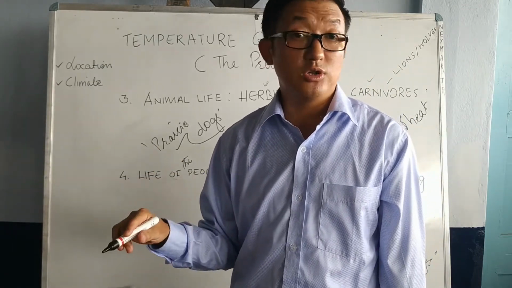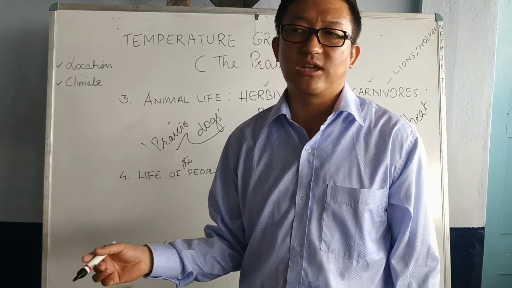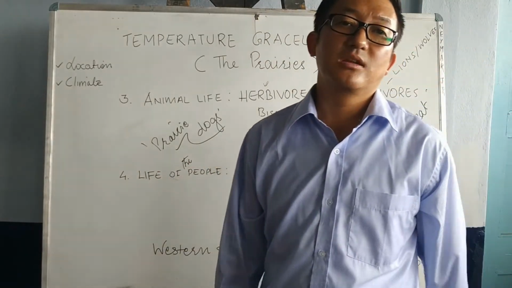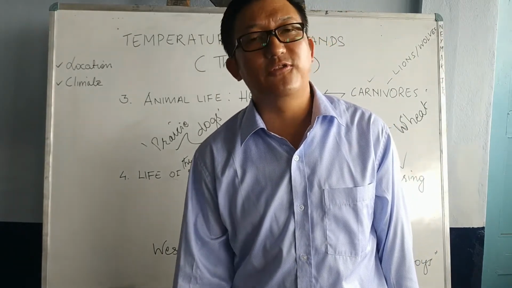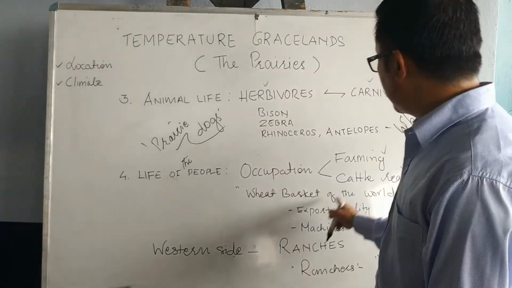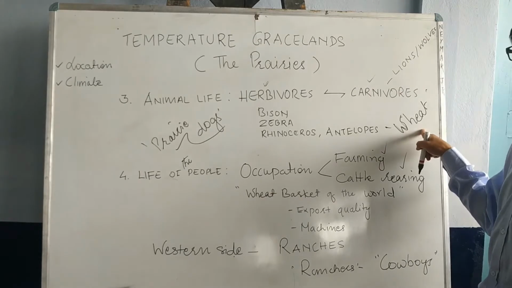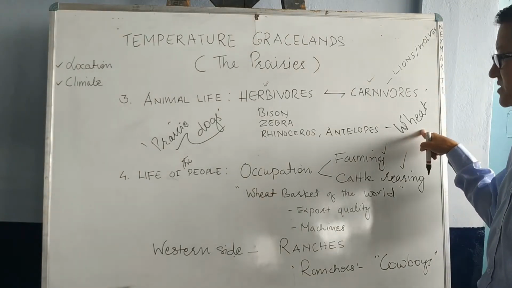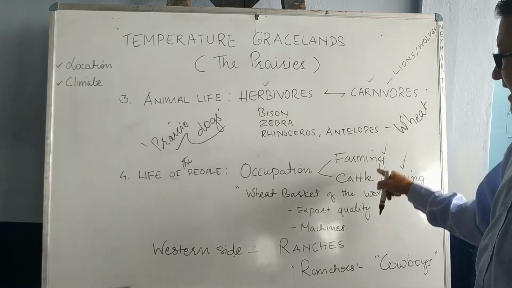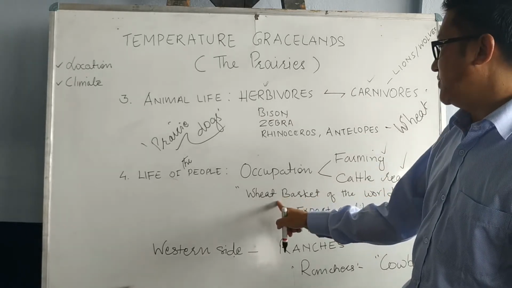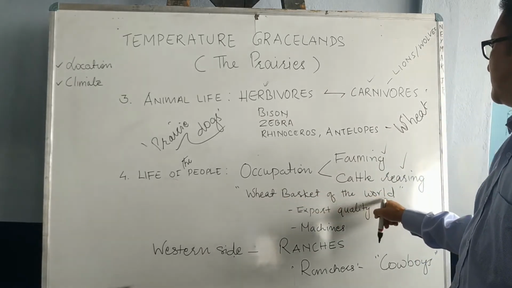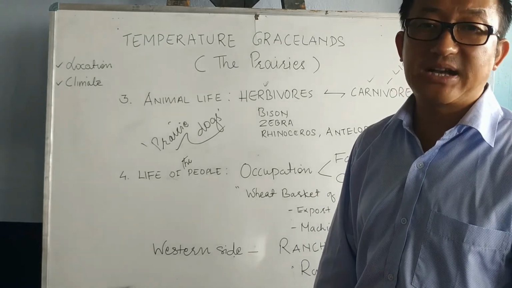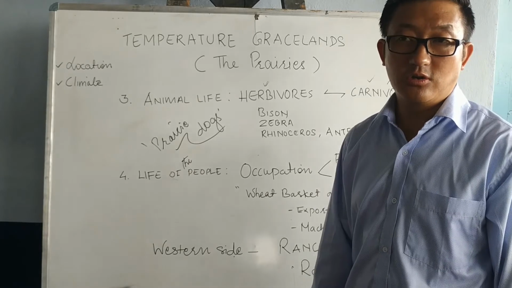So therefore USA is very rich, no? So therefore they supply this wheat to the other poor countries also for free, right? So therefore they do plantation of wheat, basically, mainly, importantly. So therefore they are called the wheat basket of the world.